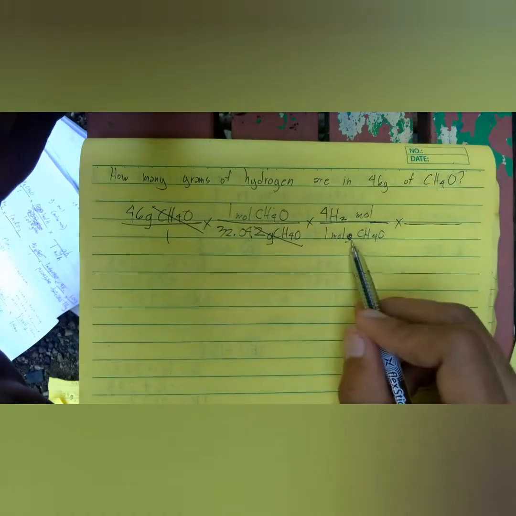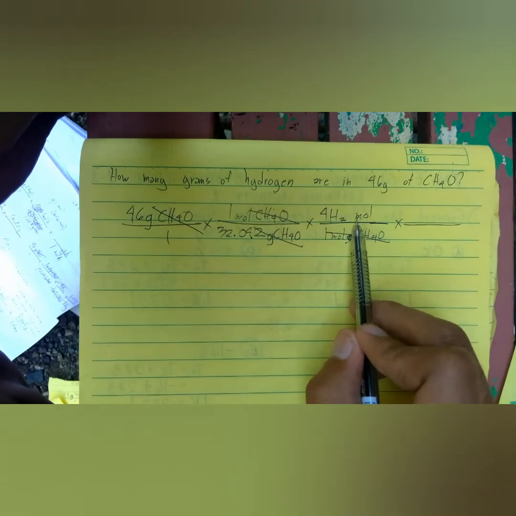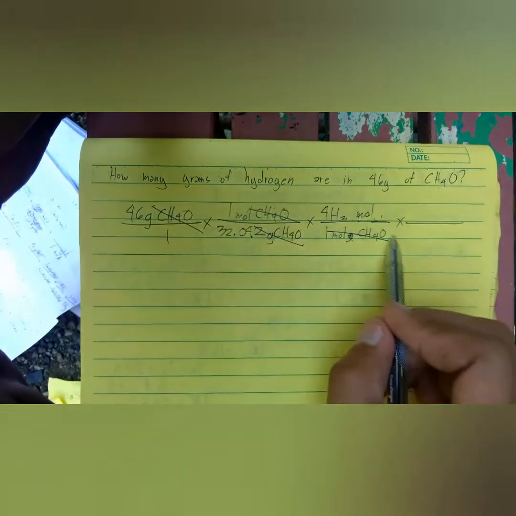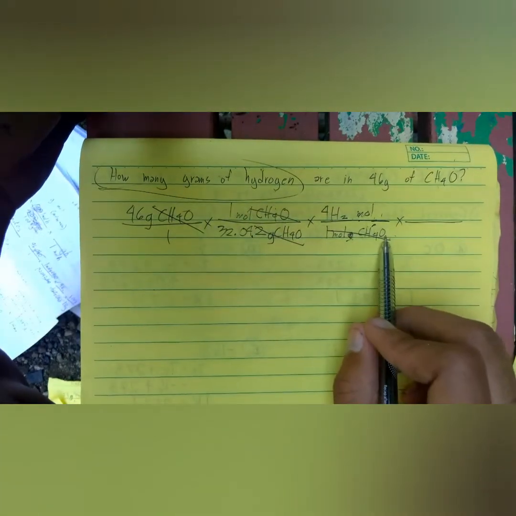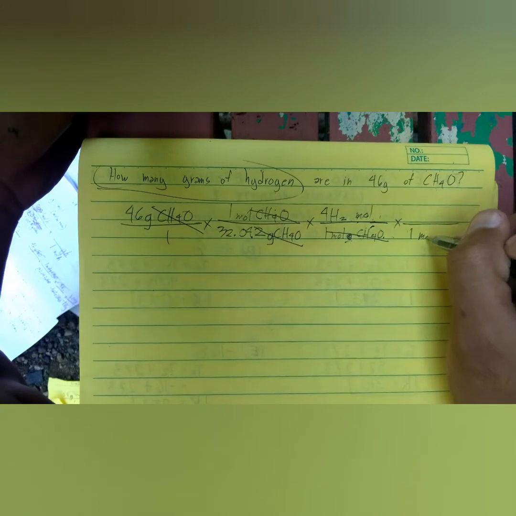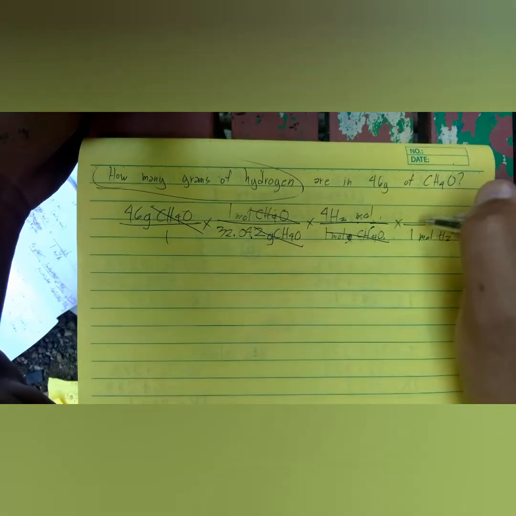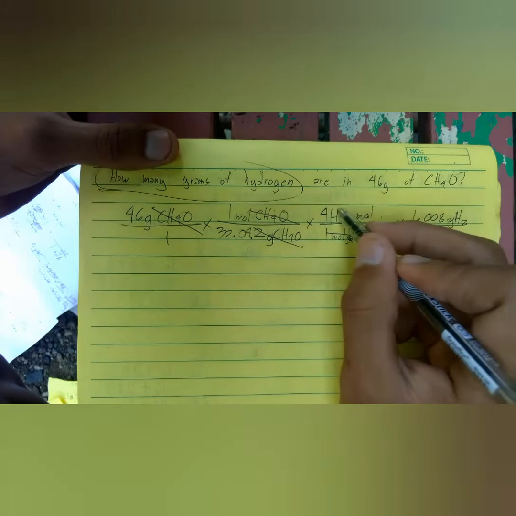The last step: since we already have the moles of substance B, we are going to convert it to the grams of substance B to get what is asked in the problem. So 1 mole of hydrogen has 1.008 grams of hydrogen. So cancel.